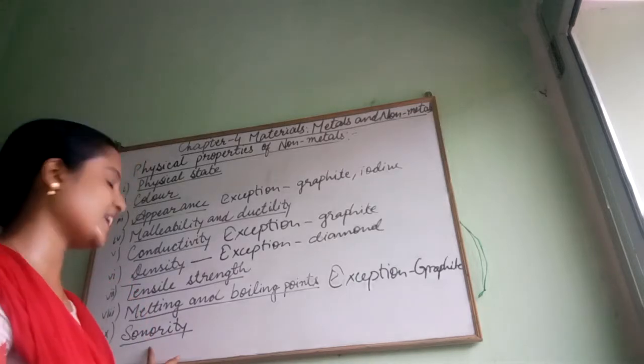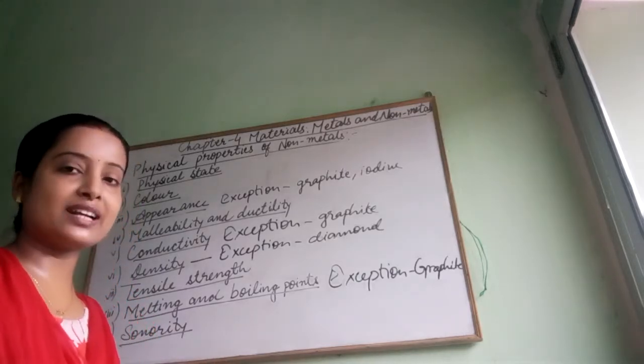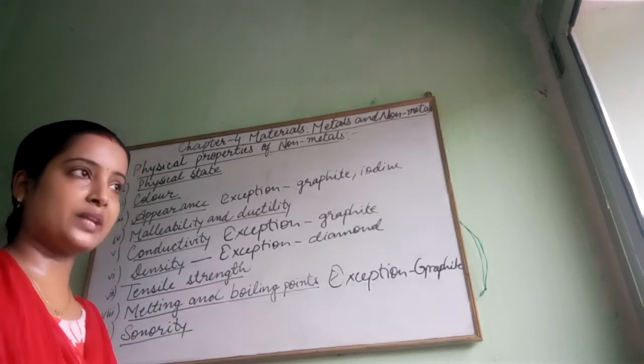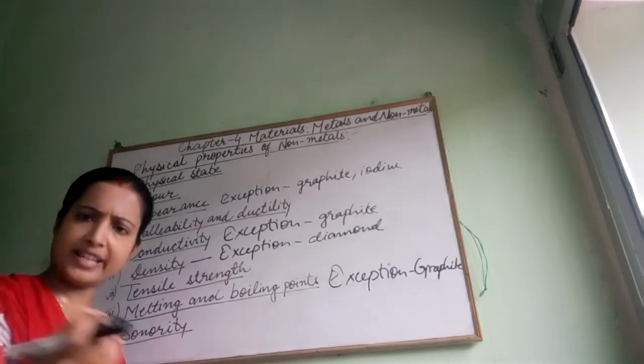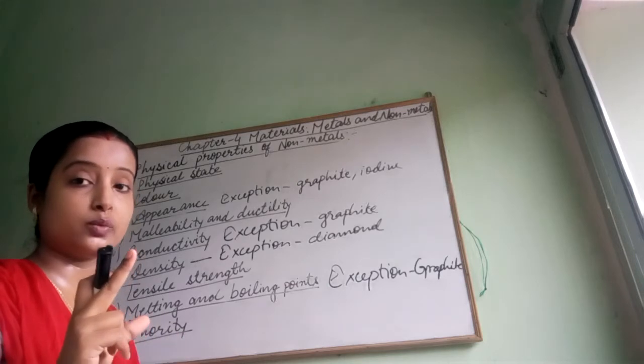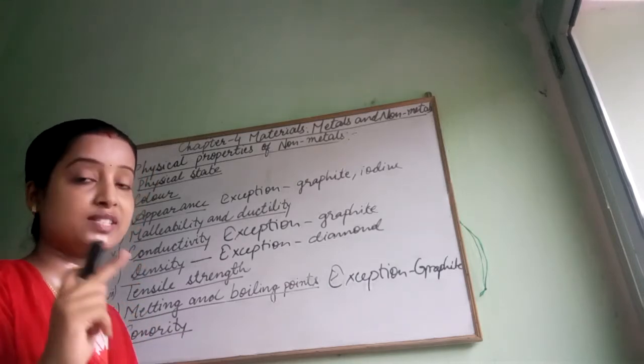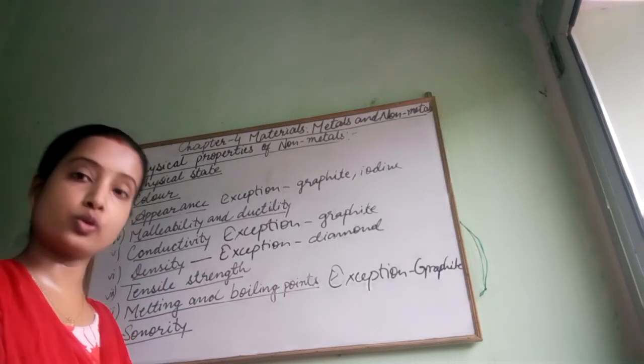So now comes to the next property of the non-metal, that is sonority. Sonority means the ability of a metal or non-metal or any element to produce a ringing sound. Whenever we were studying the metals, at that time we studied that metals are sonorous.